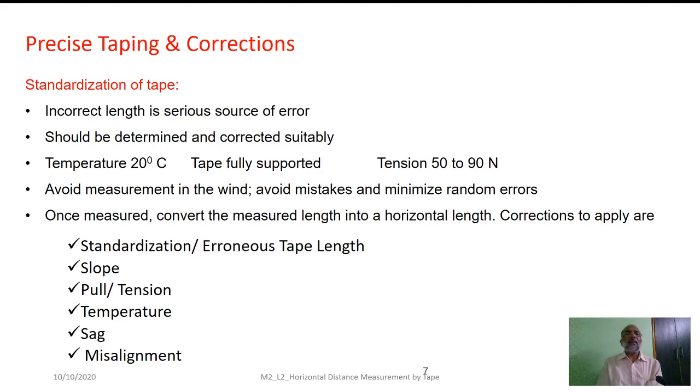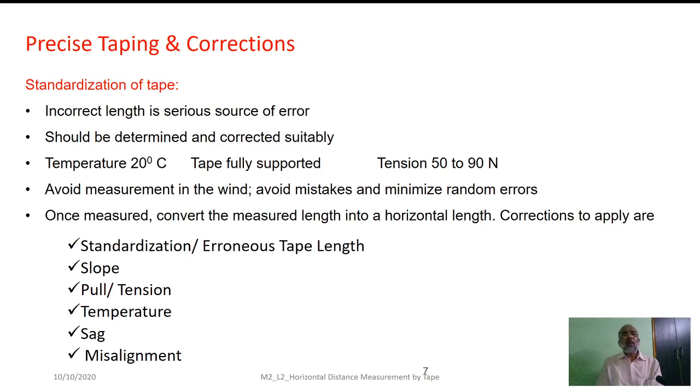Once again, my request is to refer to our earlier presentation which elaborates the operation of calibration as far as chain is concerned. The same process is applicable for tape also.